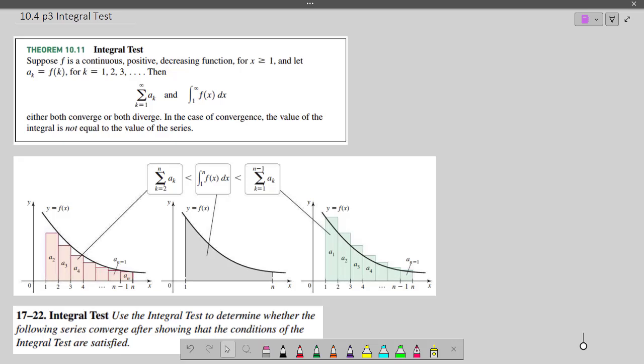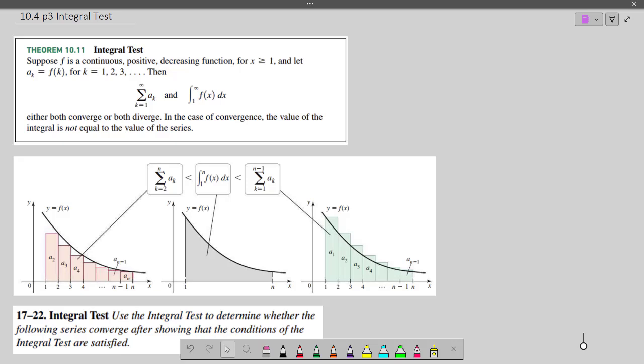And then we have the divergence test, which is a test, but it can only find divergence. It can't find convergence. So here's our first real test that will tell us both. The series converges or it diverges. It's a full-blown test.